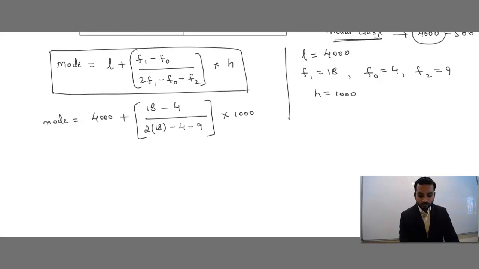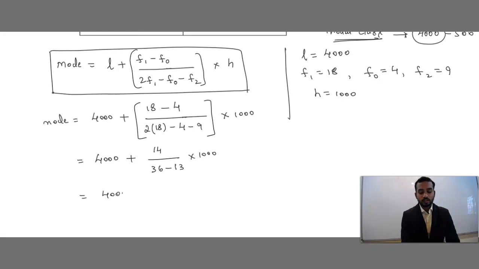Done? Yes. Now we can see here, 4000 plus 18 minus 4 is 14. 18 2s are 36. Minus 4 minus 9, if both are minus we should add, but minus remains the same. That is 9 plus 4 is 13, into 1000.